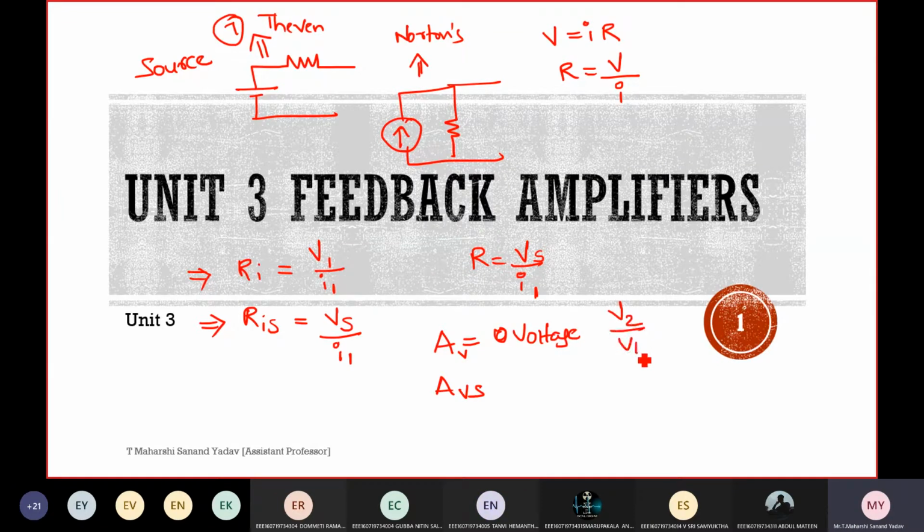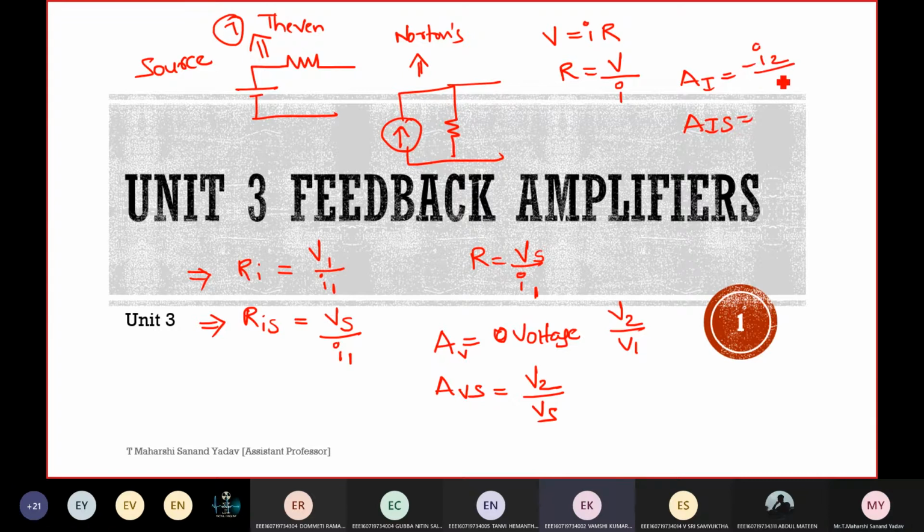AVS means output voltage V2 by source voltage Vs. Correct, V2 by Vs. Similarly, AI is minus I2 by I1. Next, AIS is minus I2 by IS. Be clear with this point. S stands for source. For that you need to consider this one. This is nothing but IS, RS. This is VS and RS.